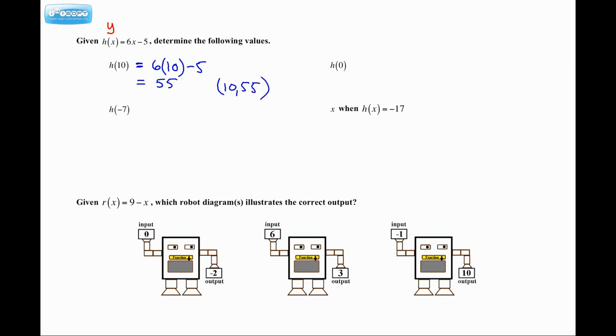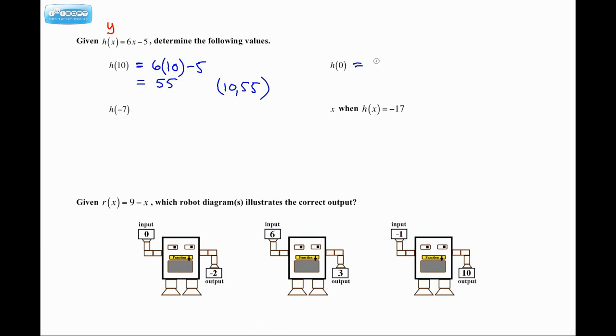Okay. Let's do another one. H of 0. Again, what does this mean? It means what is the y value when x is 0? Okay. I don't feel like writing that entire sentence out word for word when I can just say that exact same thing using function notation. This says h of 0. So it just means what is my y value when x is 0?